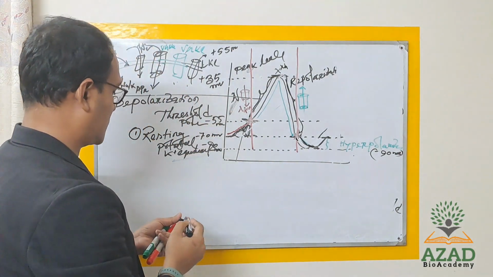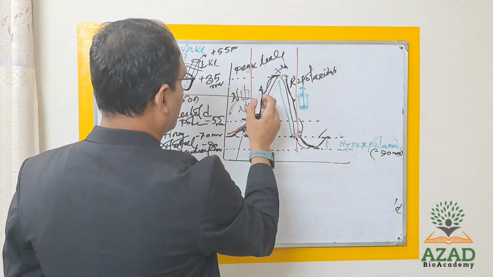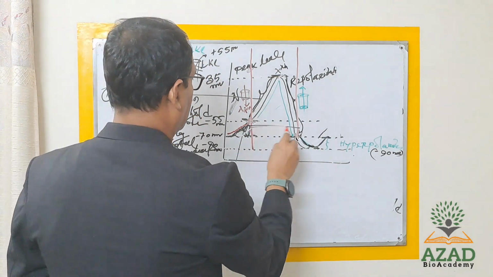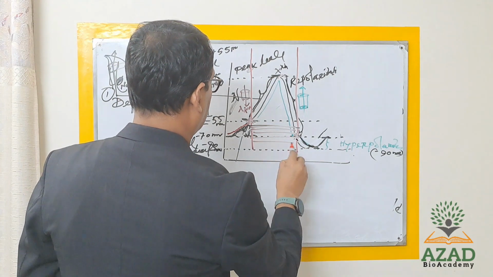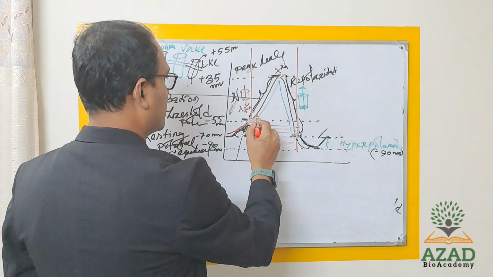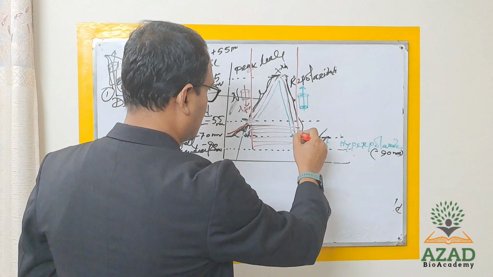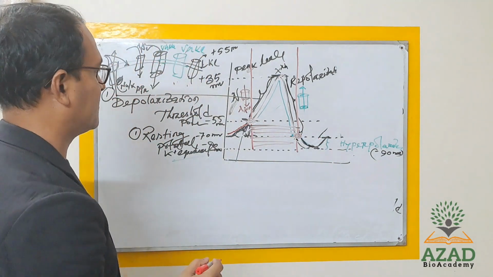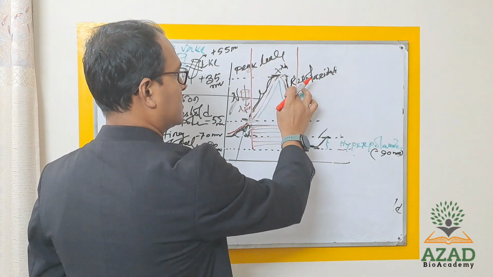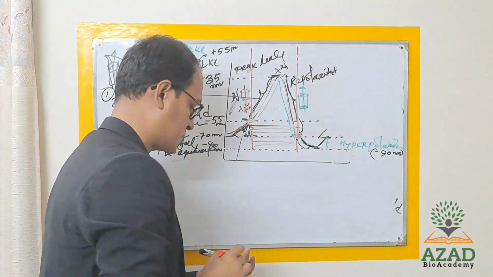So this is one point, which I already mentioned in red color. From the threshold potential, depolarization and repolarization to the next resting potential, the true action potential state, in that stage the second stimulus will not work.